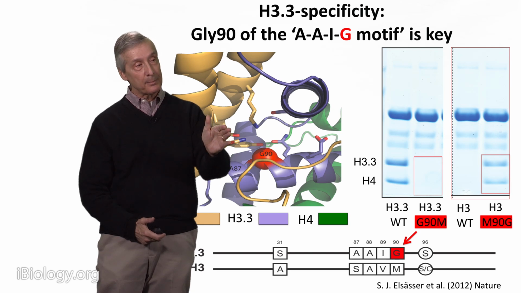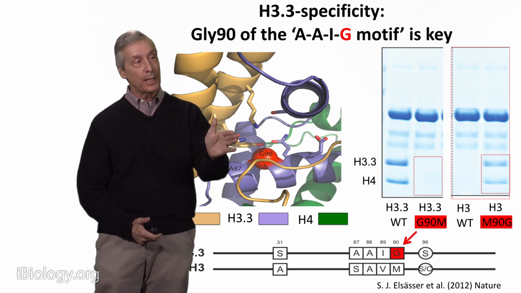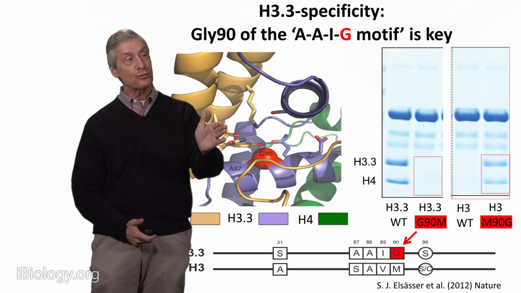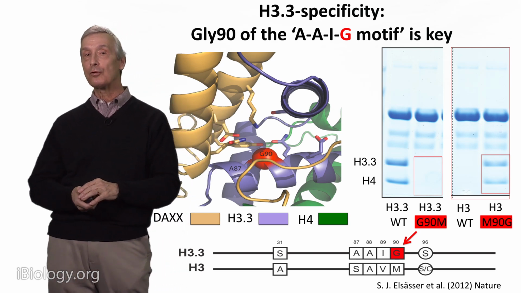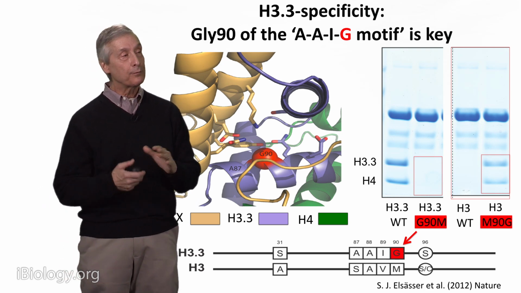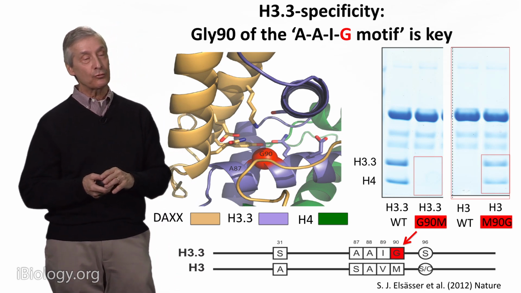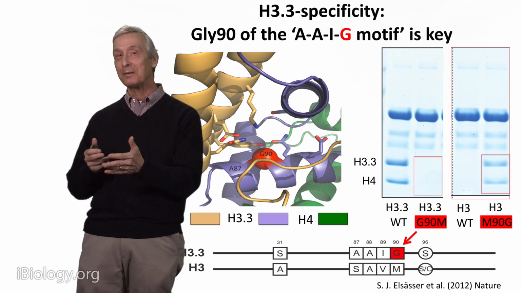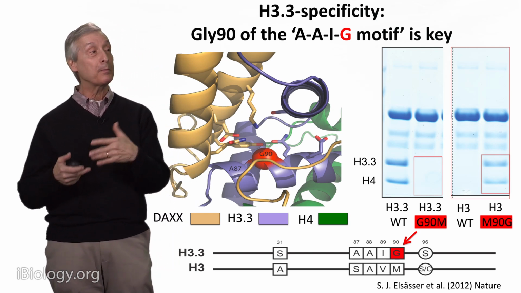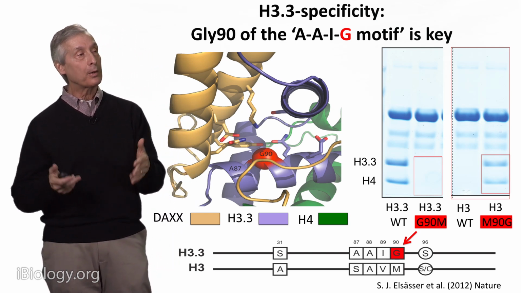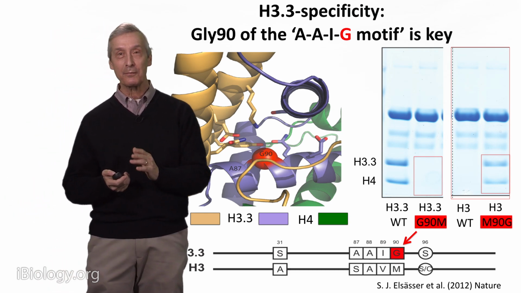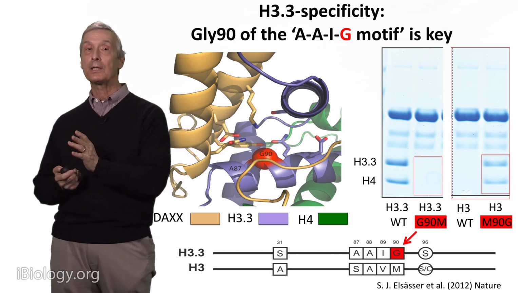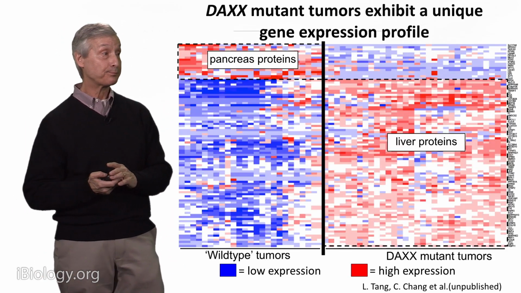So in that last red box, if you take methionine at position 90 and make it a glycine, I hope you'll agree in the red box there are 2 strong bands. So we would have never predicted that something as trivial as a glycine to methionine mutation, 1 amino acid change, would be part of the specificity recognition, which leads me to something that people make fun of me for saying: does every amino acid in histones matter?